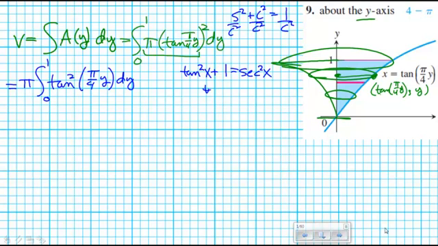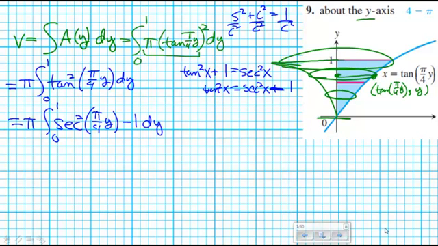That means that tangent squared x is equal to secant squared x minus 1. So I can rewrite this as pi times the integral from 0 to 1 of secant squared of pi over 4 times y minus 1 dy.